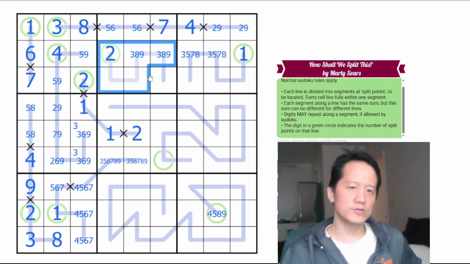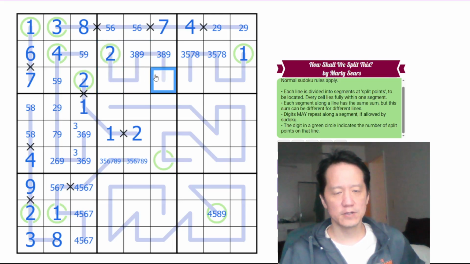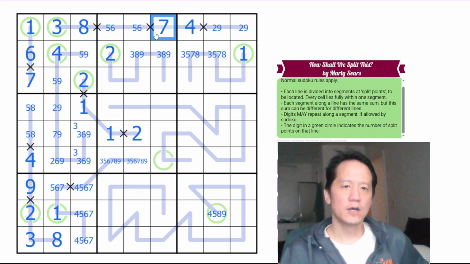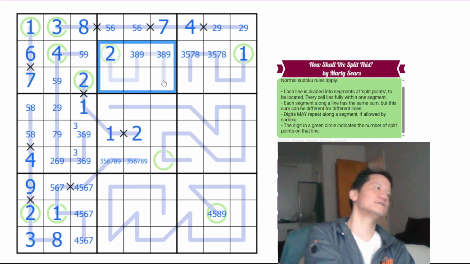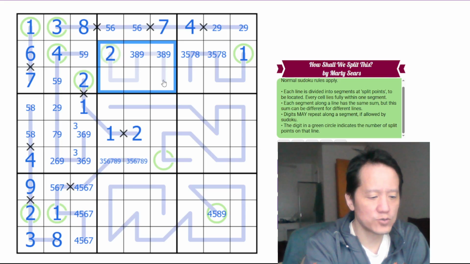So we have 2 split points here, which leads to 3 segments. What do we have then as a total? This is 18. So 45 minus 18 is 27. So each segment adds up to 9.